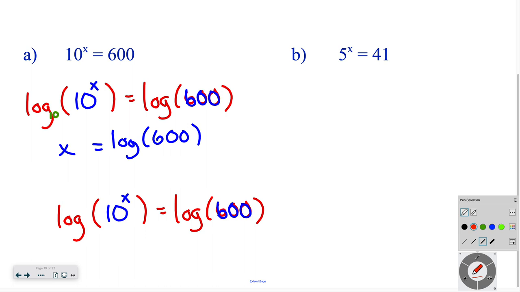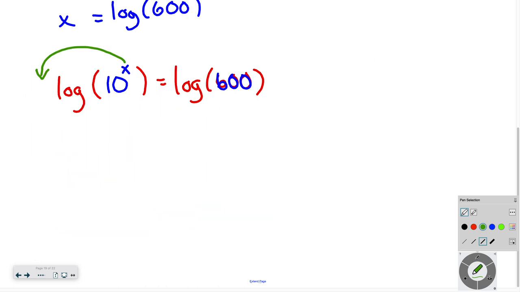But what you do want to remember is that anytime a logarithm has an argument with an exponent, we bring that exponent out and make it a coefficient of the logarithm. And this strategy here is commonly used when you're solving this type of equation. So now we have x times log of 10 equals log of 600.